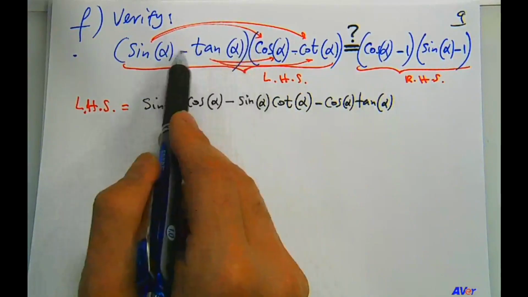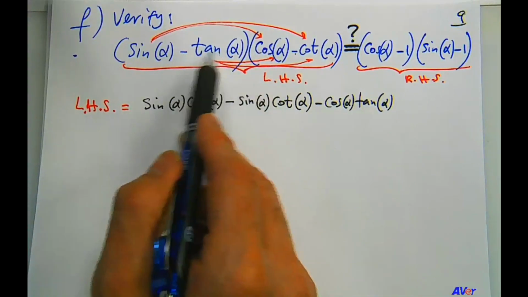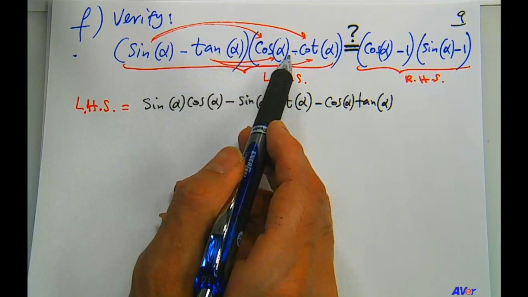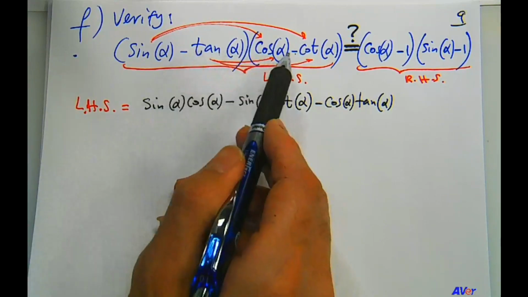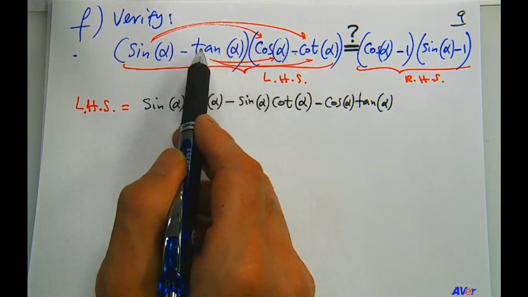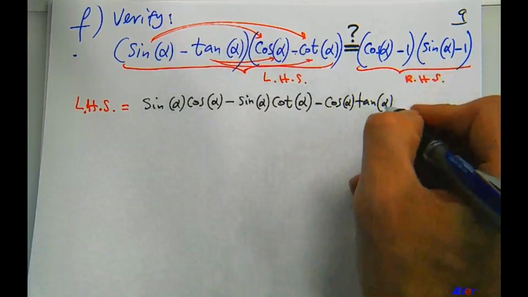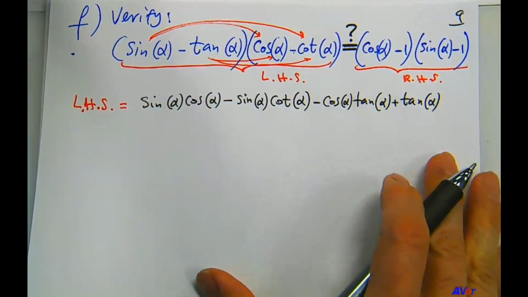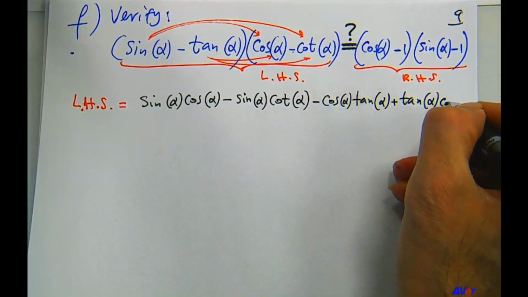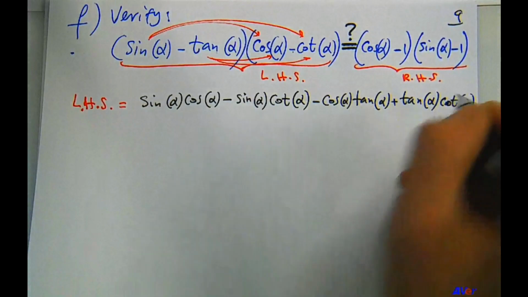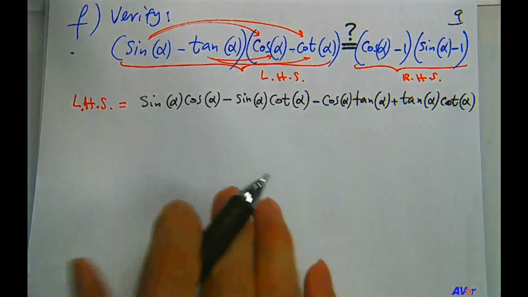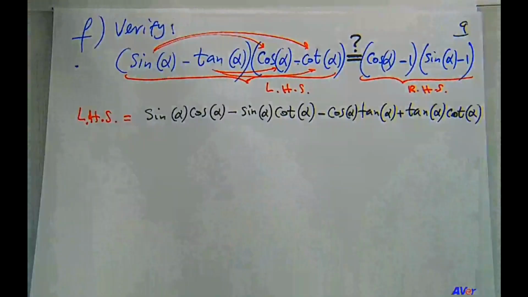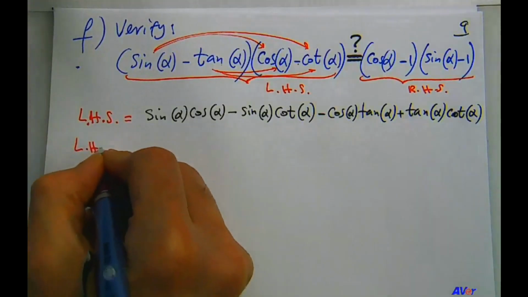That minus is coming from here. And then plus, right, plus, minus times minus is plus, tangent alpha times cotangent alpha. Okay, so that's the left-hand side.